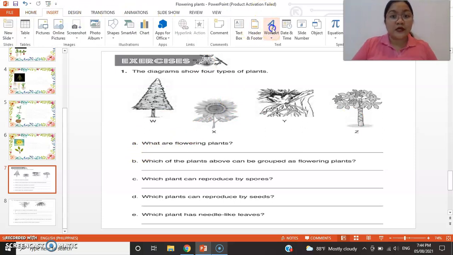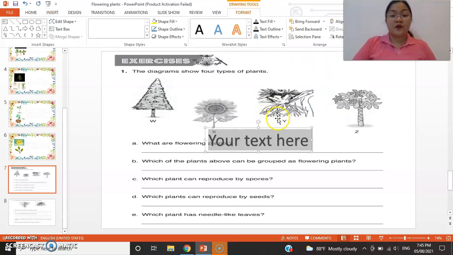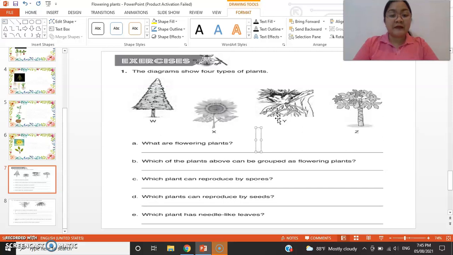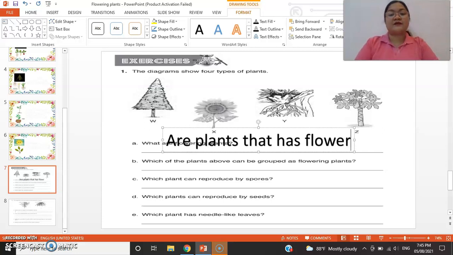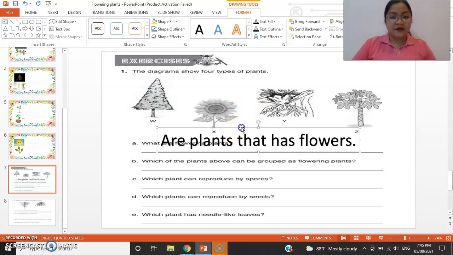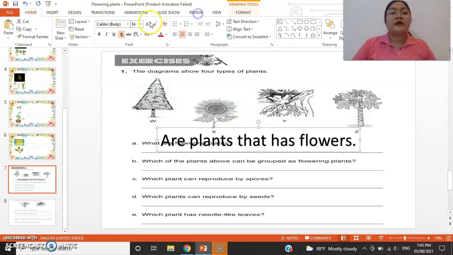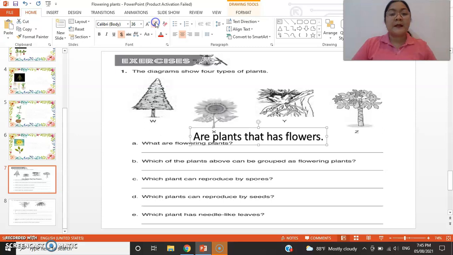Flowering plants are plants that have flowers. Alright, very good. So you're going to write your answer on the blank.